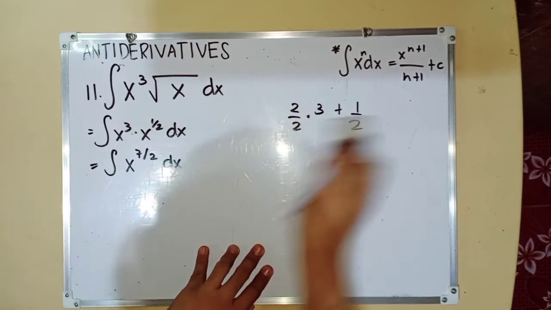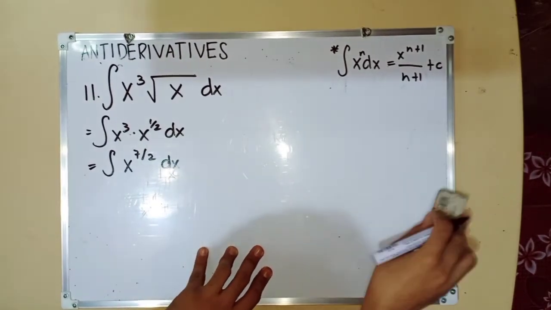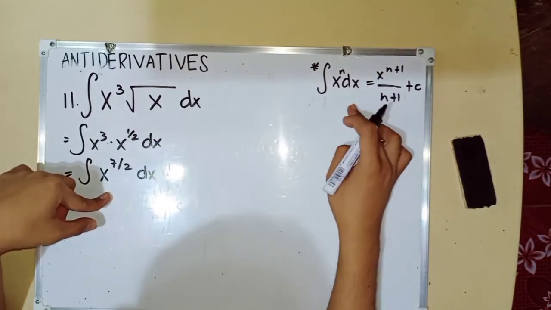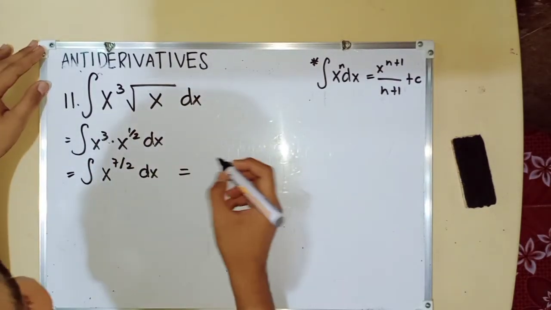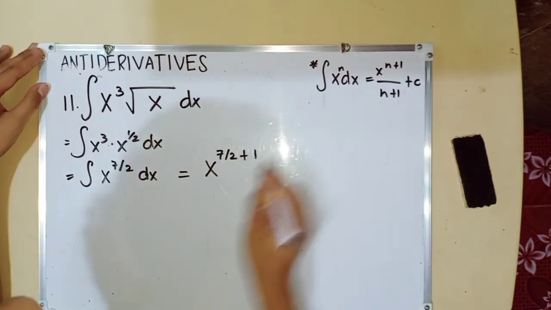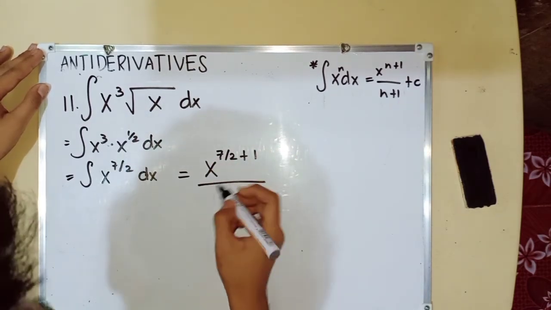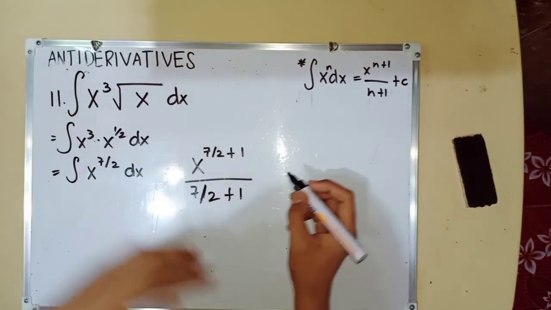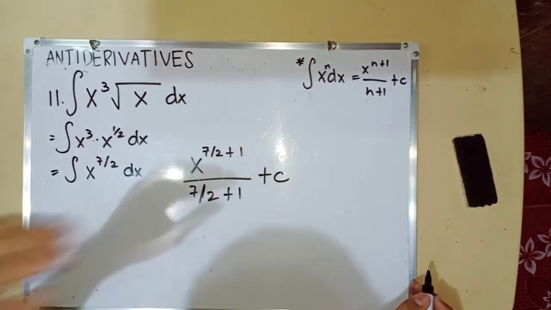Then, at this point, let's take the antiderivative using the power rule for antiderivatives. So, x raised to the power of 7 over 2 plus 1 over, we copy this exponent, 7 over 2 plus 1. And let's not forget the constant of integration.